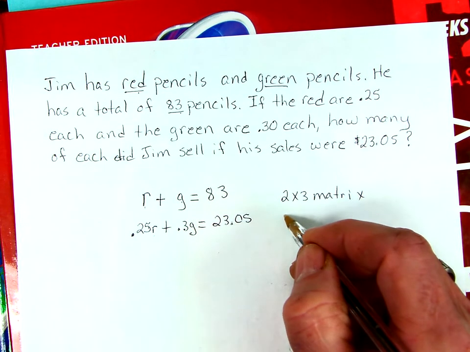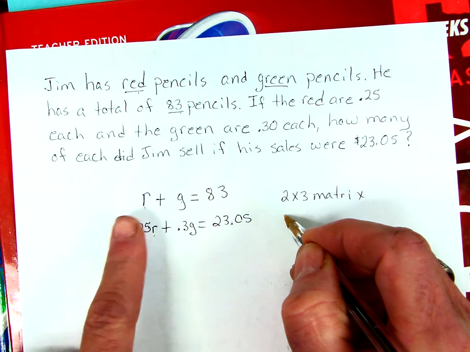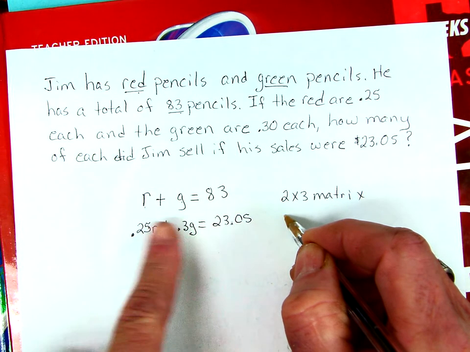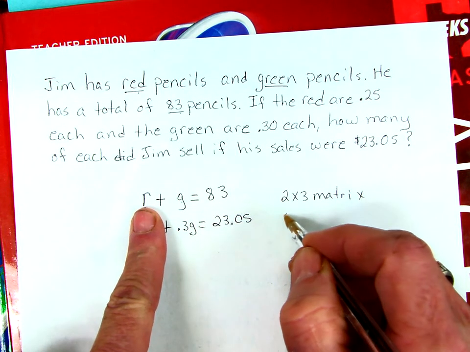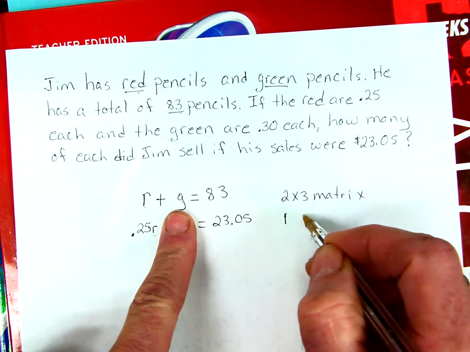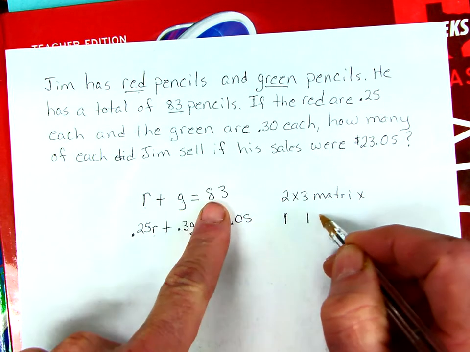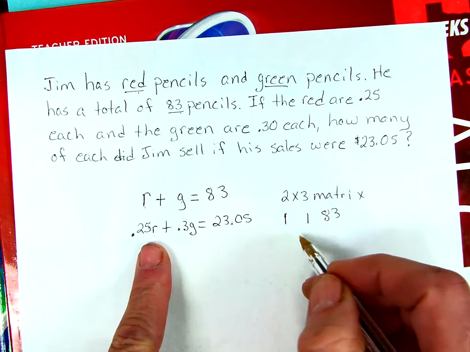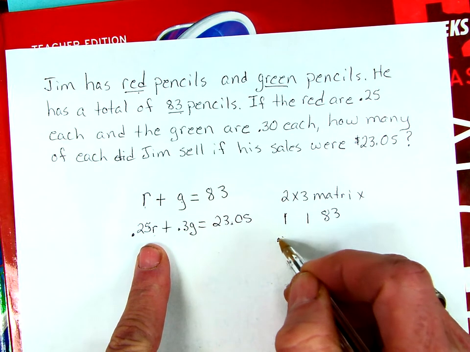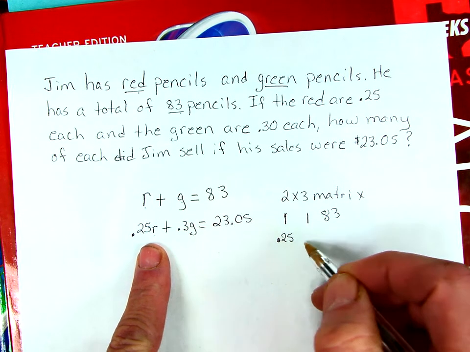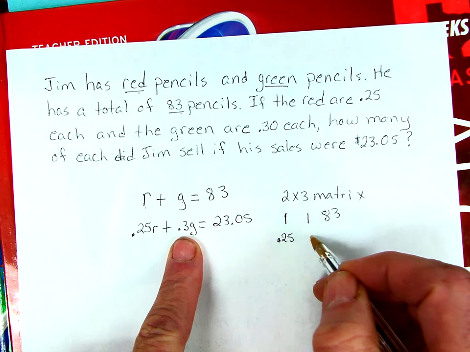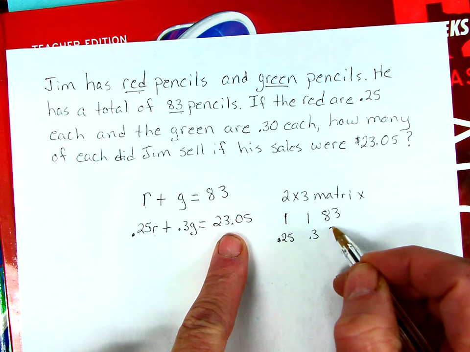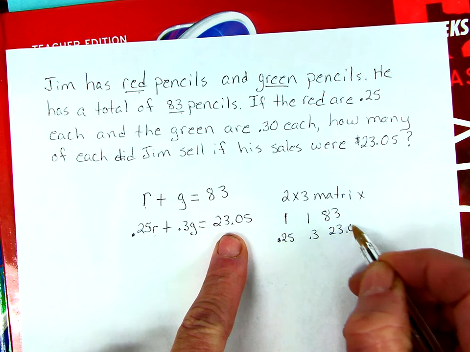My matrix is going to be comprised of the coefficients and the constant for each equation. So for R, I'm going to input 1, for the G, 1, and then 83. For the second equation, for R, 0.25, for G, 0.3, and for the total, the constant, 23.05.